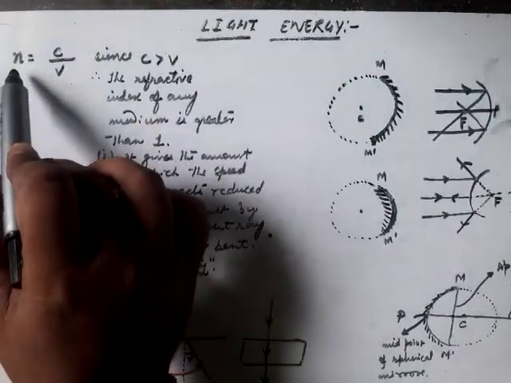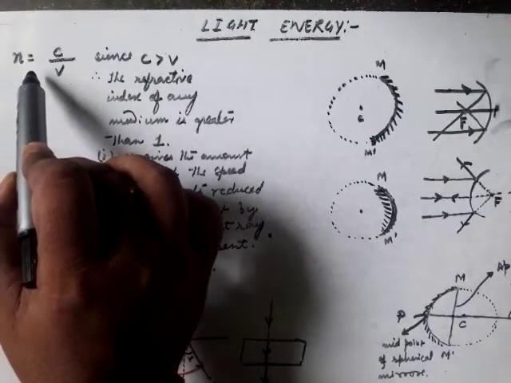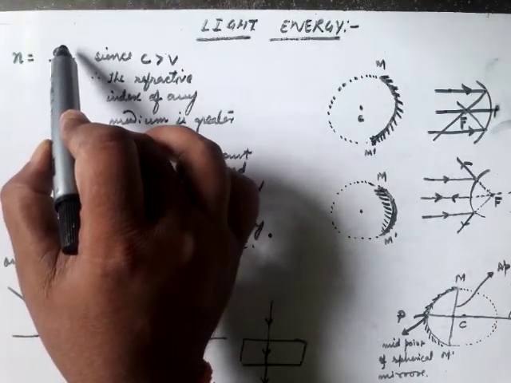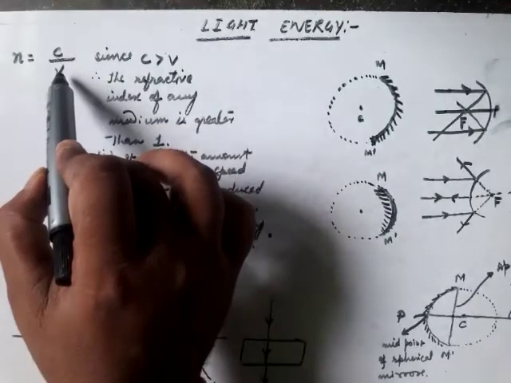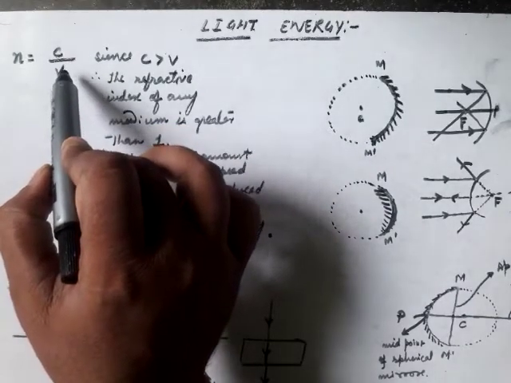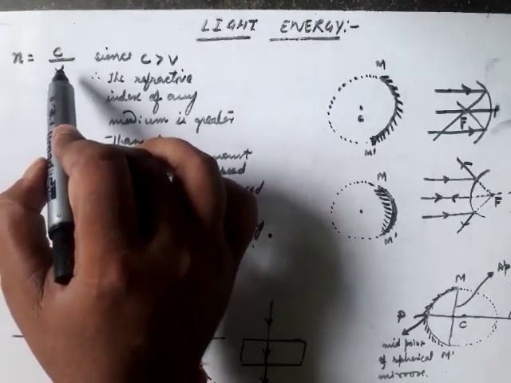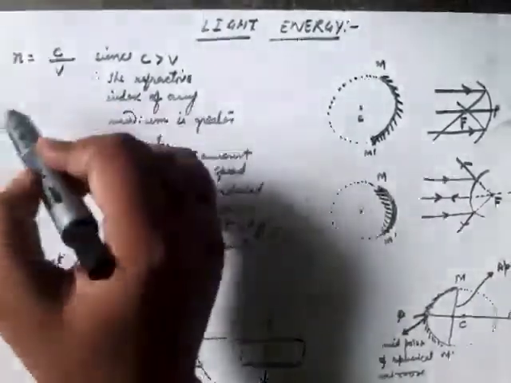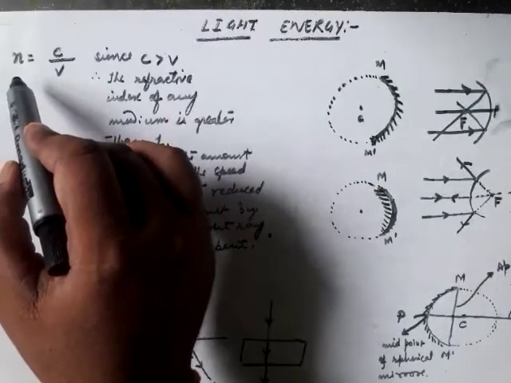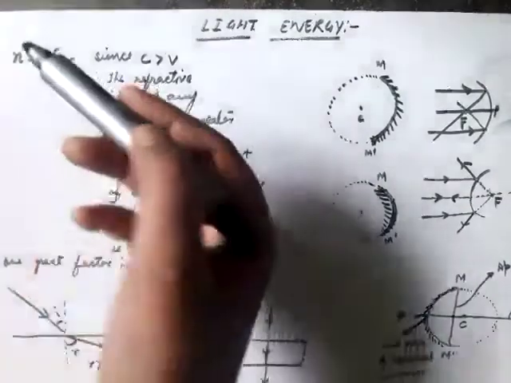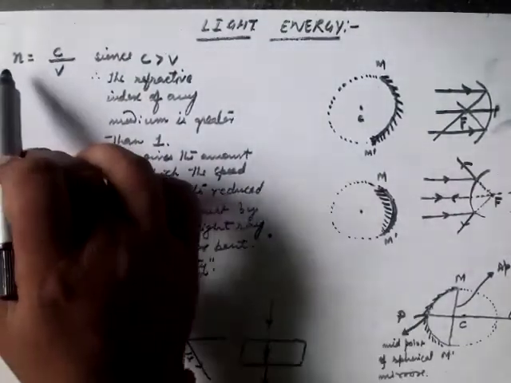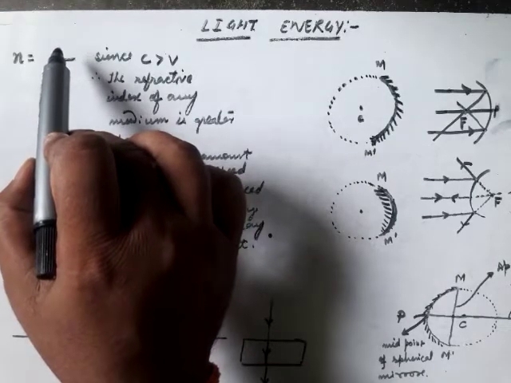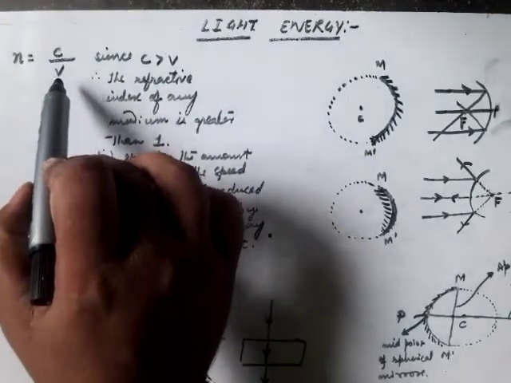So the refractive index of any body is the ratio of the speed of light in air or vacuum to the speed of light in the medium. Suppose light is entering from the rarer medium to the denser medium; in that case the refractive index is defined as the ratio of the speed of light in air or vacuum to the speed of light in the medium which it is entering.